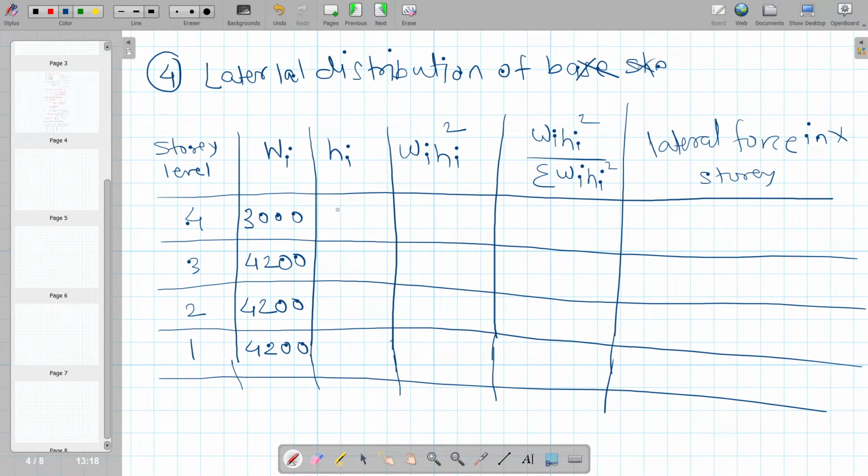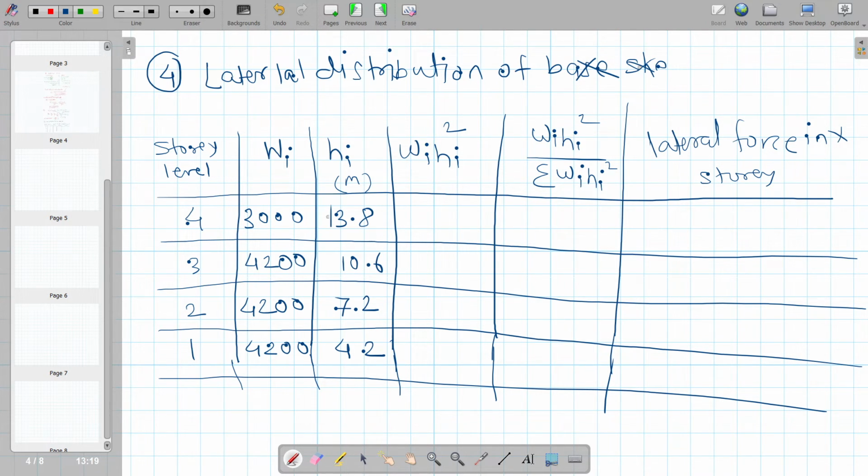Height, we have to put in reverse order, meaning the final story is at 13.8. Third story is at a height of 10.6. Then this is 7.2 and this is 4.2. It is in meters. If you go and see the elevation, you will get this value. Now I am not going to do the calculation.